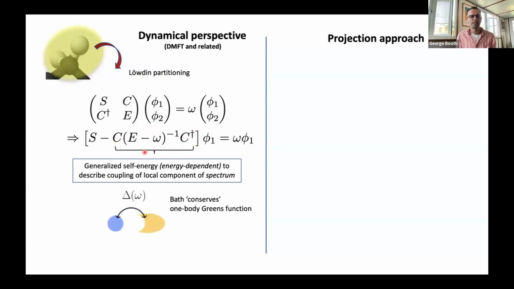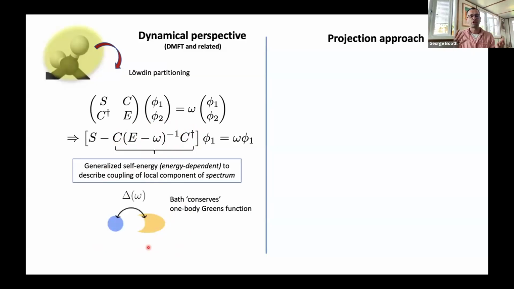And so DMFT and related approaches think about this energy-dependent hybridization or coupling to the environment. If we can describe it exactly, then you conserve the one-body Green's function or propagator over your system fragment. And then, of course, we can include interactions in this auxiliary model, and we can perform some self-consistency.